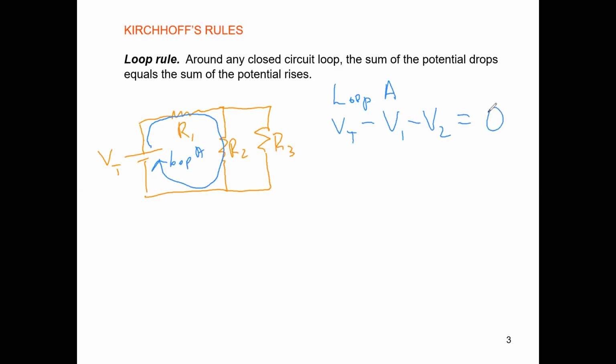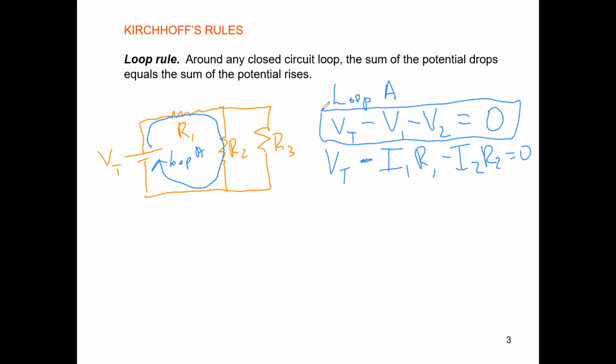My total voltage as I work my way around the loop is going to sum to 0. I can use Ohm's law, which states that voltage is equal to current times resistance, to write out another expression, but this one right here is really Kirchhoff's loop rule as applied to loop A.